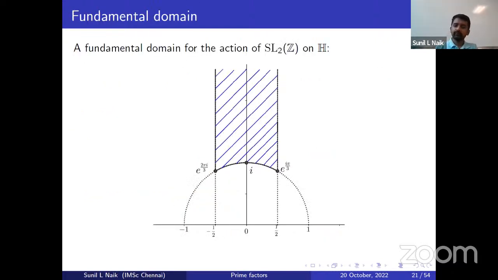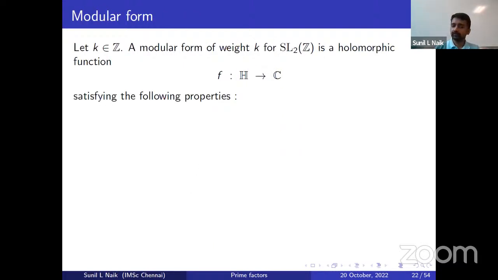A fundamental domain for this action of SL2(Z) on the upper half plane is given by the blue colored shaded region here. Let k be an integer. A modular form of weight k for SL2(Z) is a holomorphic function on the upper half plane satisfying the following two properties.